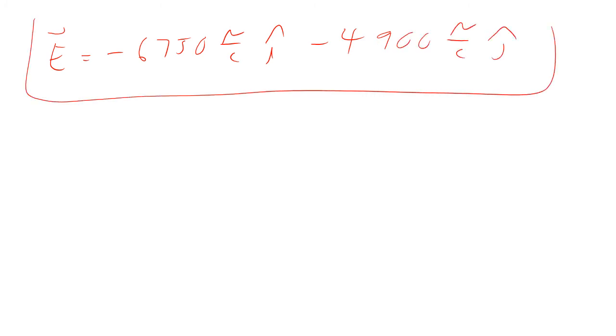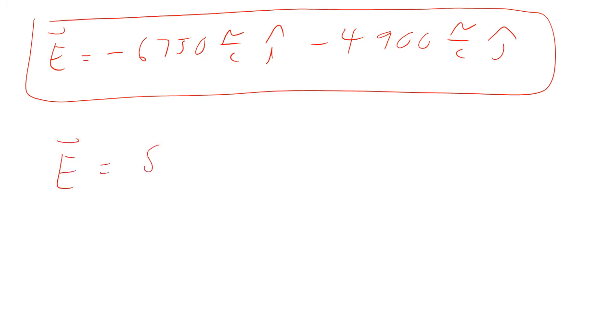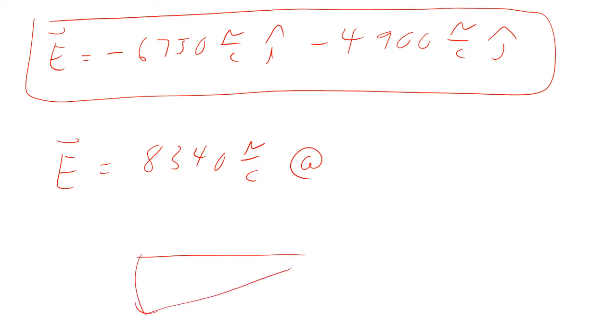Okay. So I could say that the total electric field is minus 6750 newtons per coulomb i minus 4,900 newtons per coulomb j. That's writing it in component form. Or I could say that it is 8340 newtons per coulomb at an angle of, well, what angle did we find? We found the angle there below the negative x-axis.